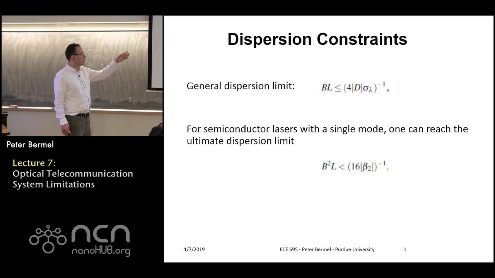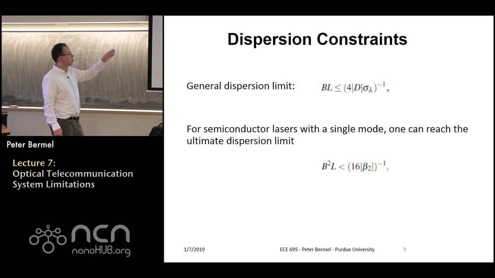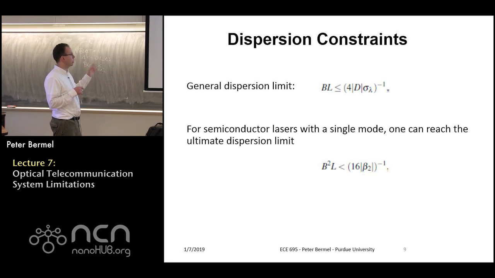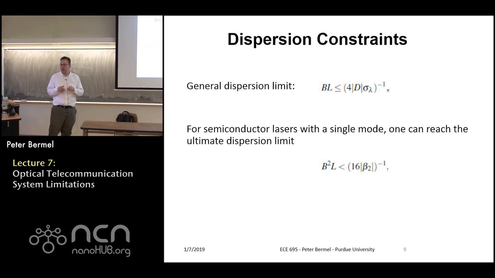This is usually written as the bit rate squared times L is less than 1/16 times beta 2, where beta 2 is the dispersion just of the fiber. Okay, so hopefully that makes sense. But what this is telling us is that the nature of the source is a key determination of the ability to communicate quickly.